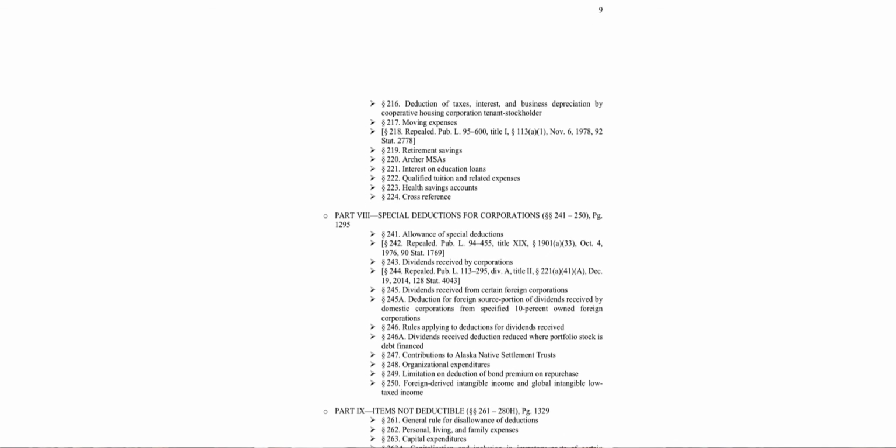Is there anything else that looks promising in Part 6? Not really. Since that says bad debts, I want to see if there's anything in the items not deductible that's clear. We have personal, family, or living expenses. Remember, that's important because this looks like it's a friend, a personal expense.